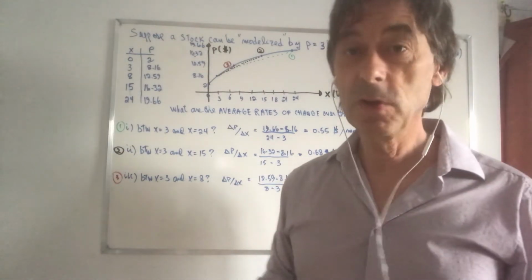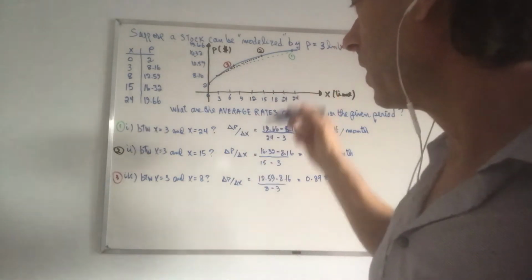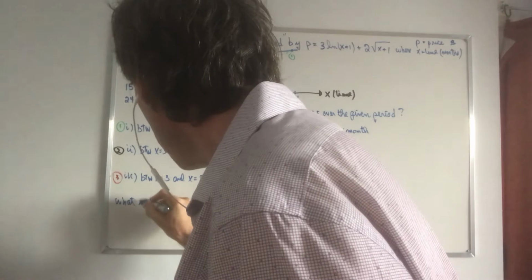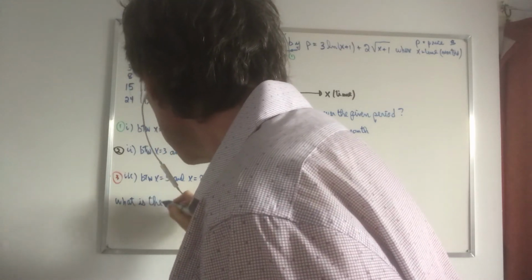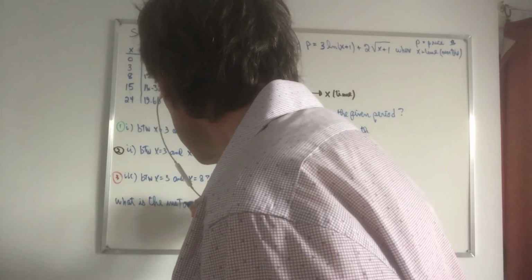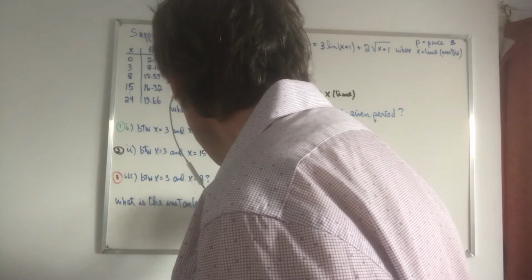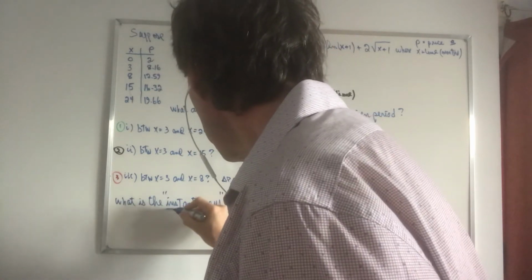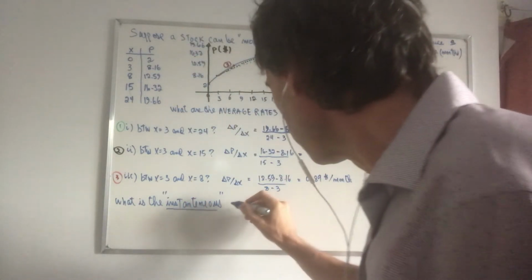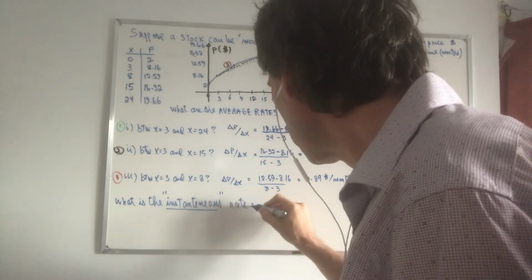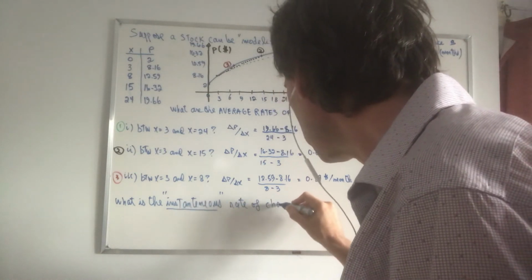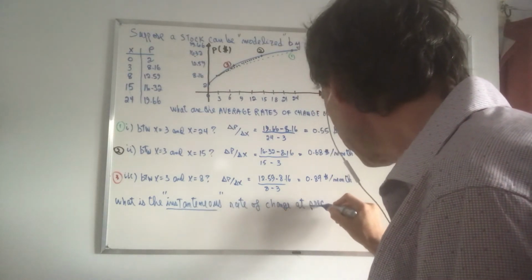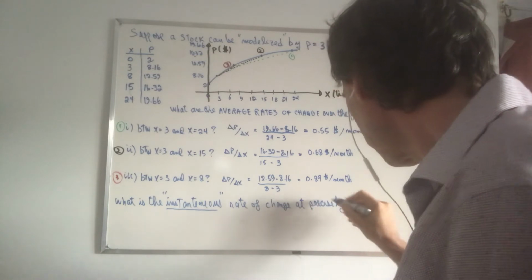Now here's what I would like to do. You can see me coming with this. The question that I would like to ask is, what is the instantaneous rate of change at precisely and exactly X equal to 3?